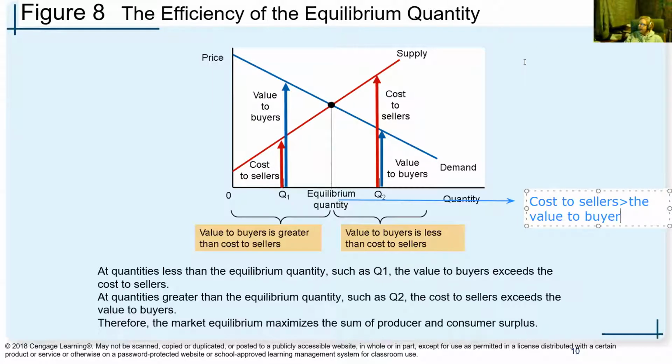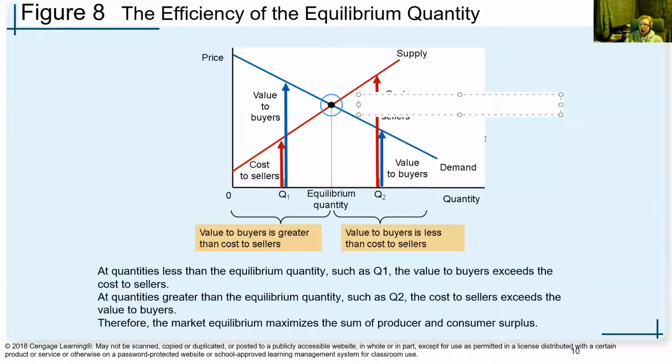So essentially, what we're trying to say from all of this is that when we look at this point right here, only at equilibrium do we have the value to the buyer equal to the cost to the seller.